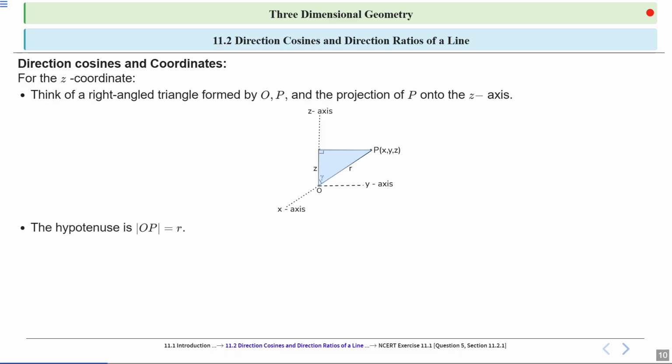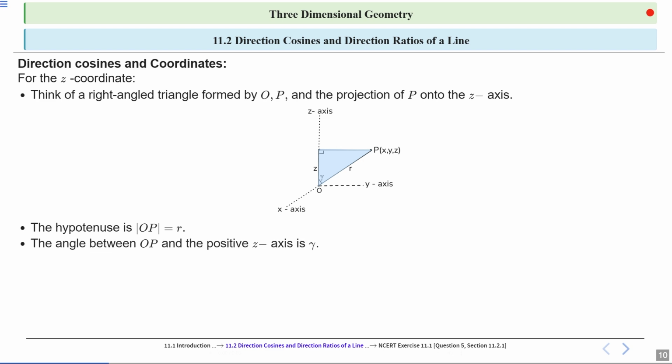In this triangle, the hypotenuse is the length from O to P, which we call R. So the distance between O and P equals R. This is the straight line distance from the origin to our point in space.